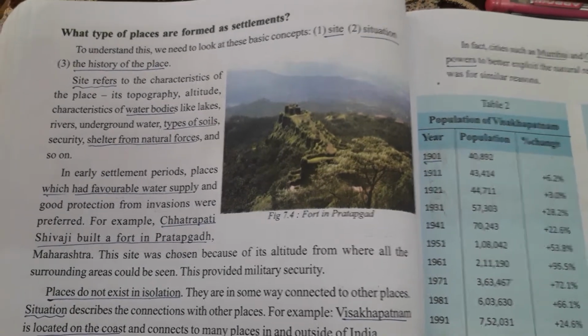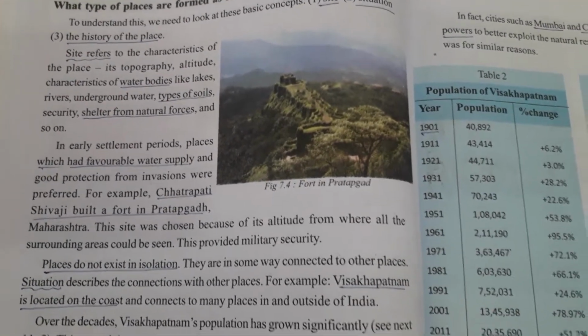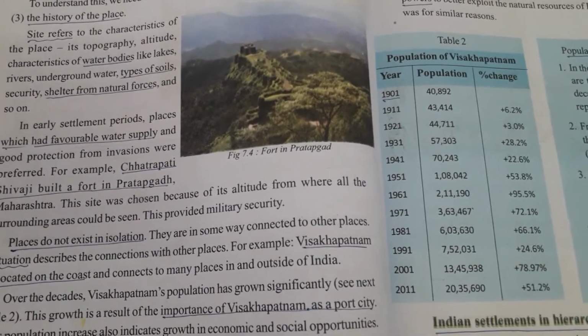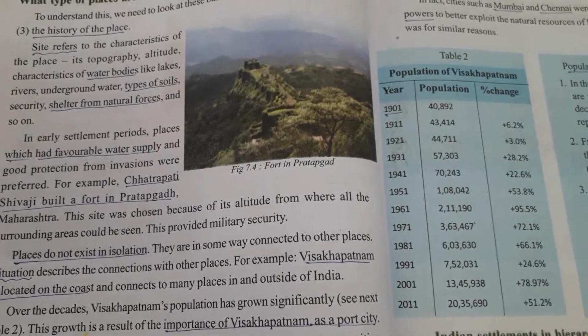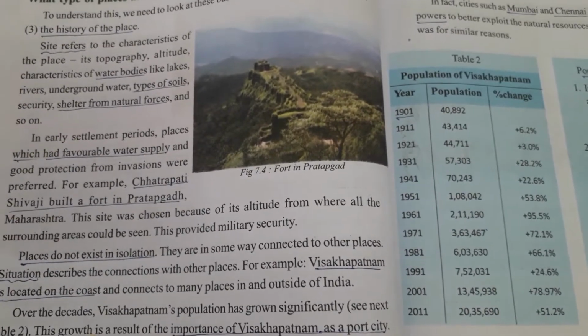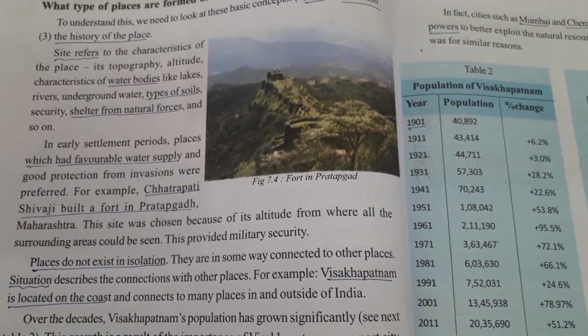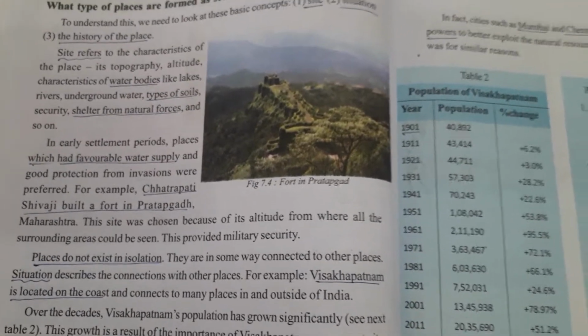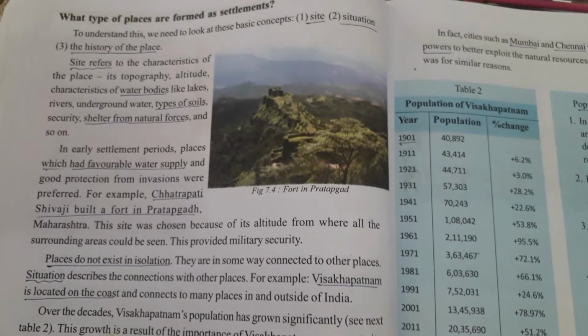Next, places do not exist in isolation. We cannot live isolated, so a site should be connected with other places. That is called situation, which describes the connection with other places.